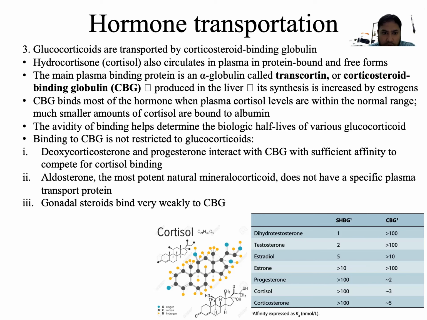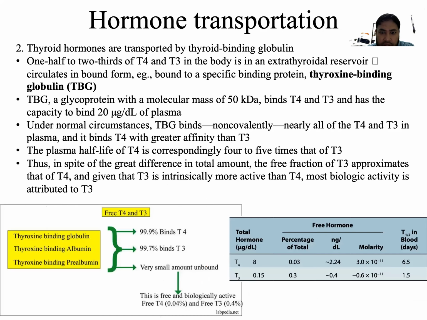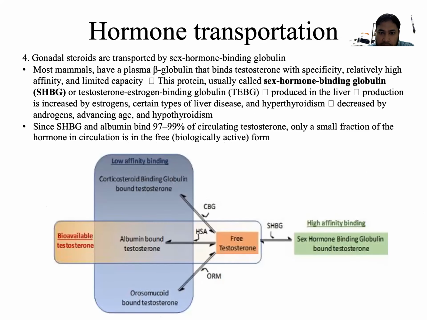All right, so what they're trying to say here is that if you look at the table in the bottom right, you can see the SHBG and also the CBG. They have different amounts and different ways in the system. Maybe I skipped the SHBG, it's not here, but maybe next slide.